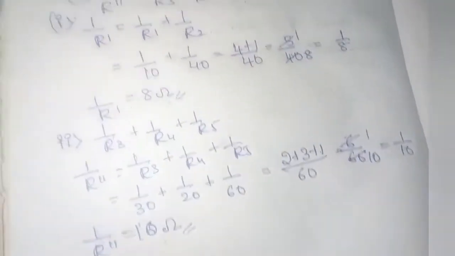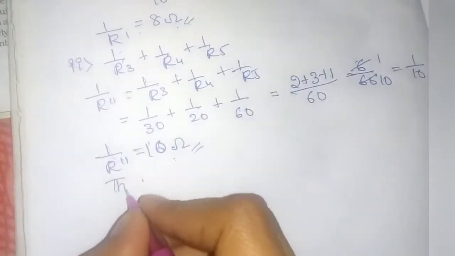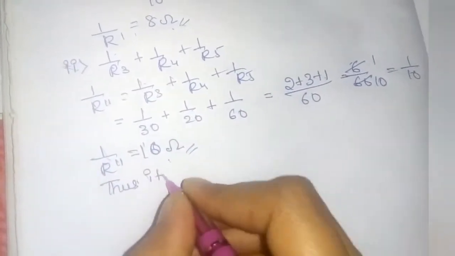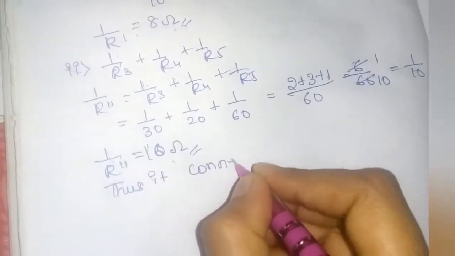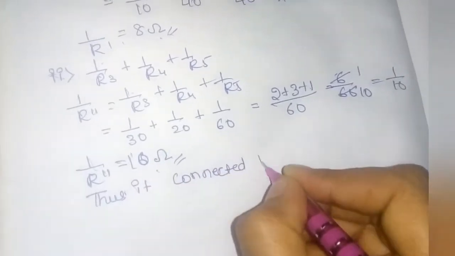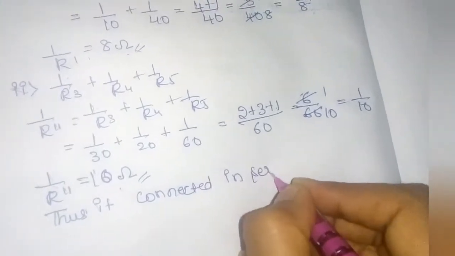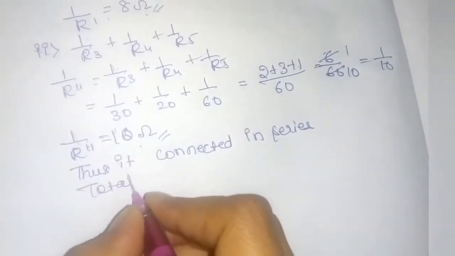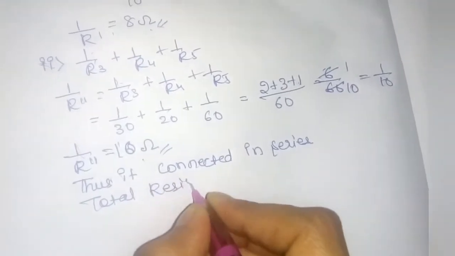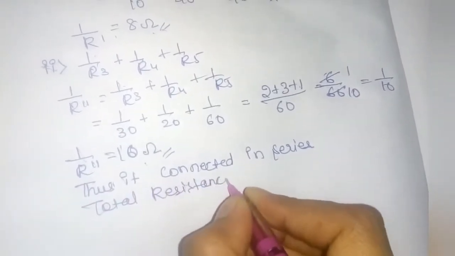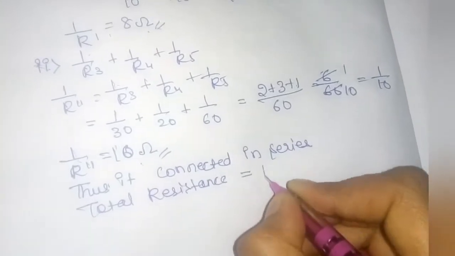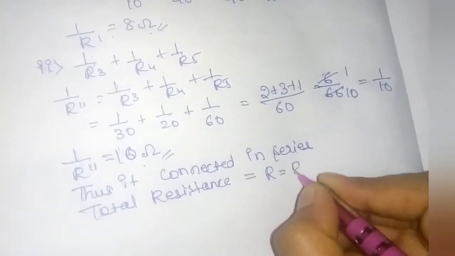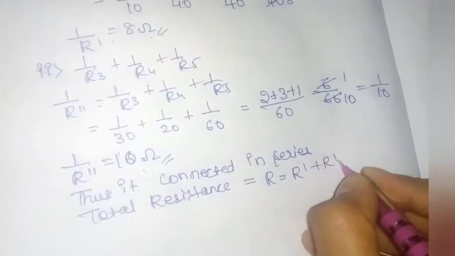So based on this we can write, as it is connected in series, the total resistance is equal to R equal R dash plus R double dash.